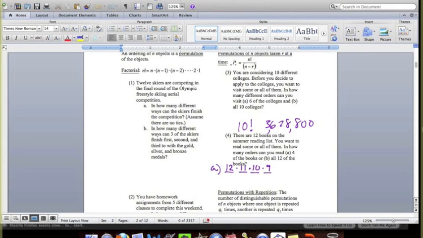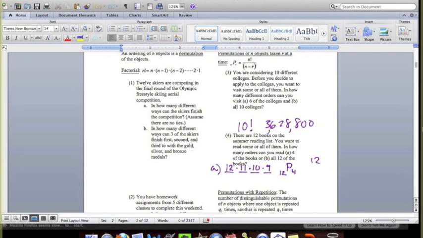Other options. How would I do this as a permutation? 12 and then, how many I'm actually choosing? No, 4, sorry. We're not choosing 9, we're choosing 4, because that was the last number there. So 12 of them and we're choosing 4 of them.